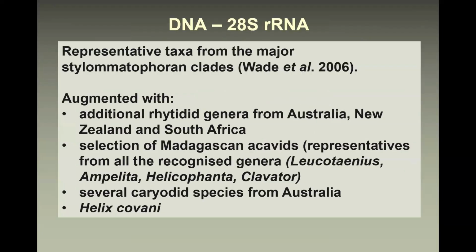What we did here was take the information from the molecular phylogeny for the Stylommatophora from Christopher Wade here in the UK, and we added to that genetic data for additional rhytidid genera from Australia, New Zealand and South Africa, as well as representatives of the Madagascan acavids, all the recognized genera. We also added some caryodid species from Australia, and into that mix we popped Helix covani as well.